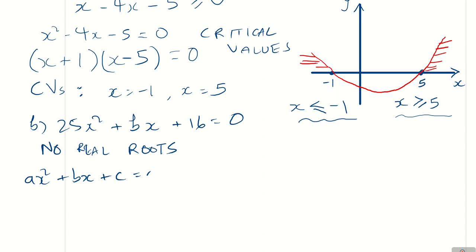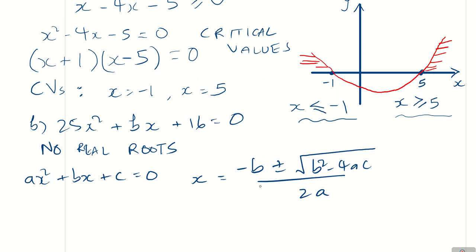Okay, so this is a general quadratic, and the quadratic formula tells us that the value of x will be equal to this, all over 2a. But this thing in the bracket here, we actually give a special name, and this here, b squared minus 4ac, we call the discriminant.